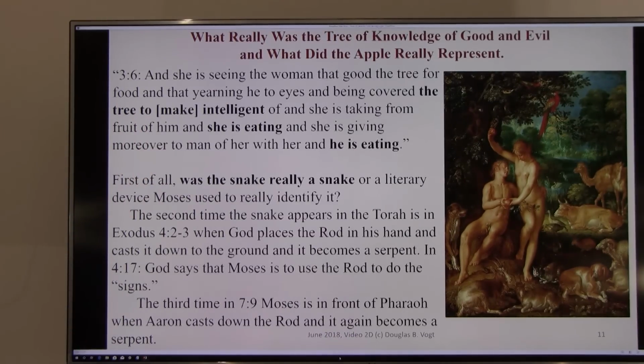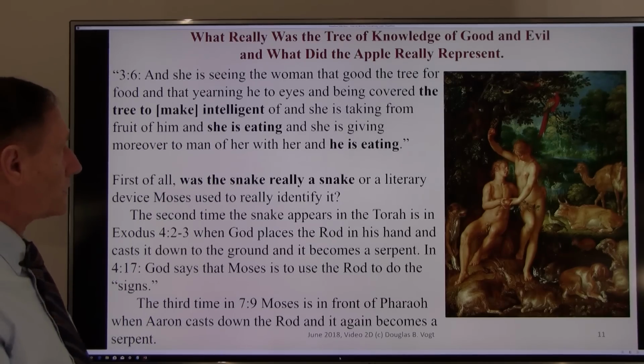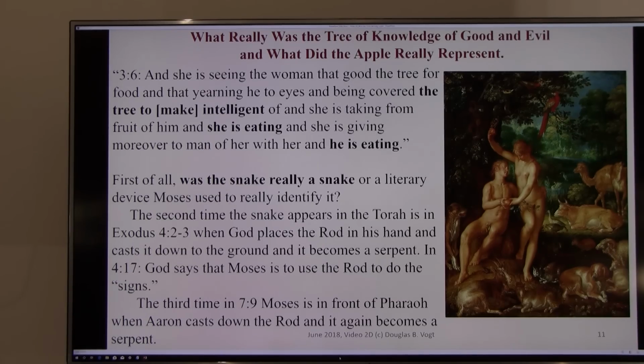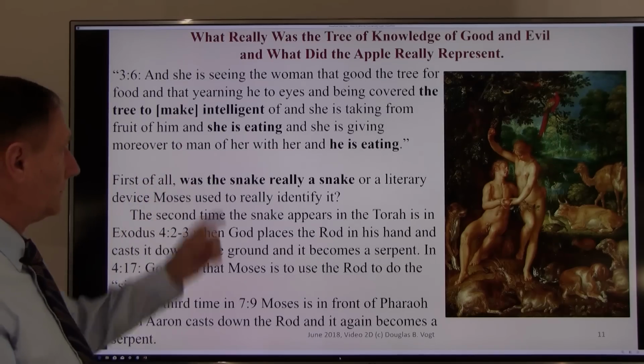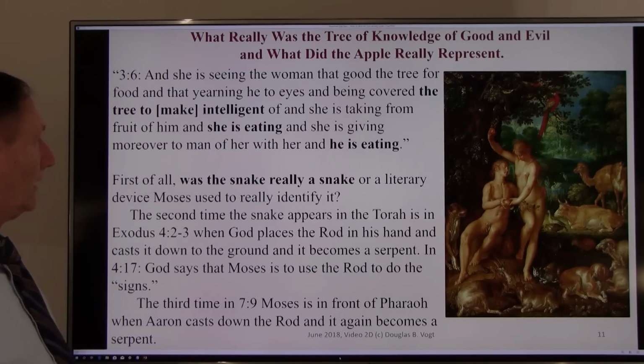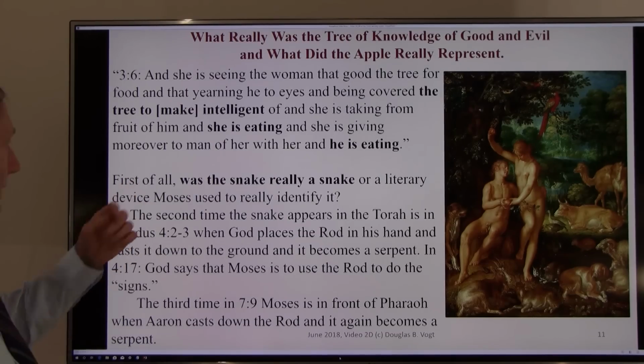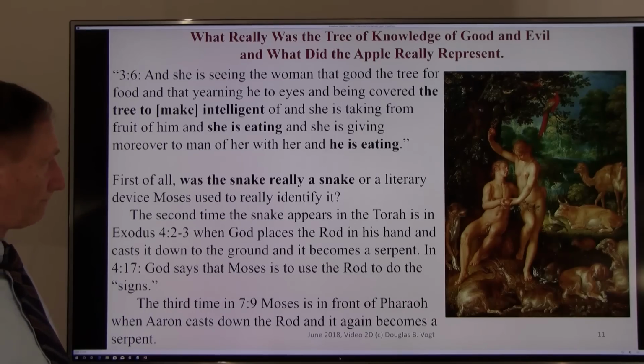I'll continue, 3:6. And she is seeing the woman that good, the tree for food, and that yearning, he to eyes and being covered, the tree to make intelligent. Remember that. And she is taking from fruit of him being the tree, and she is eating, and she is giving moreover to man of her with her, and he is eating.